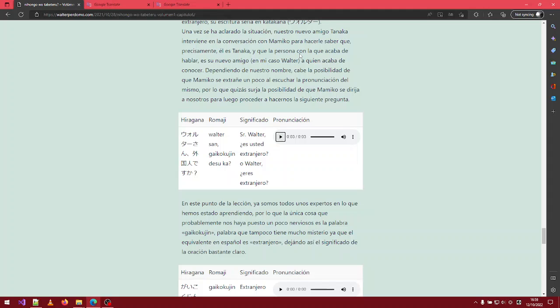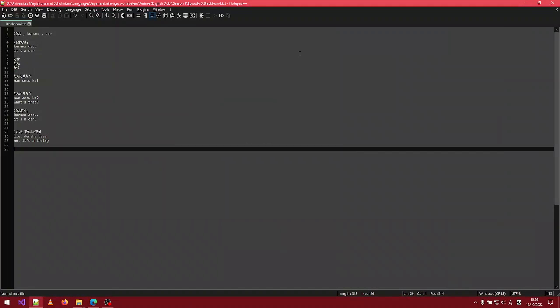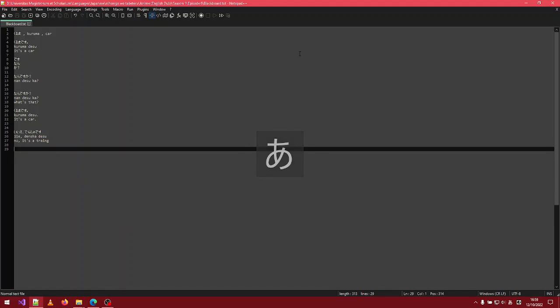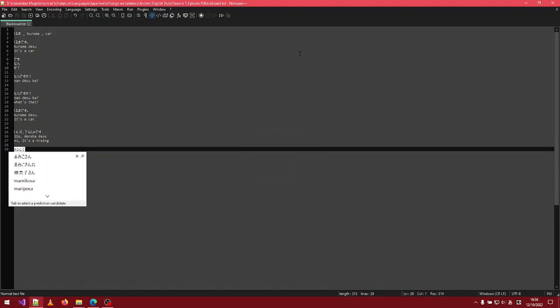And Uruta-san is a method to direct this question to us, right? So we can say Mamiko-san. We can give an example. Mamiko-san, sensei desu ka?